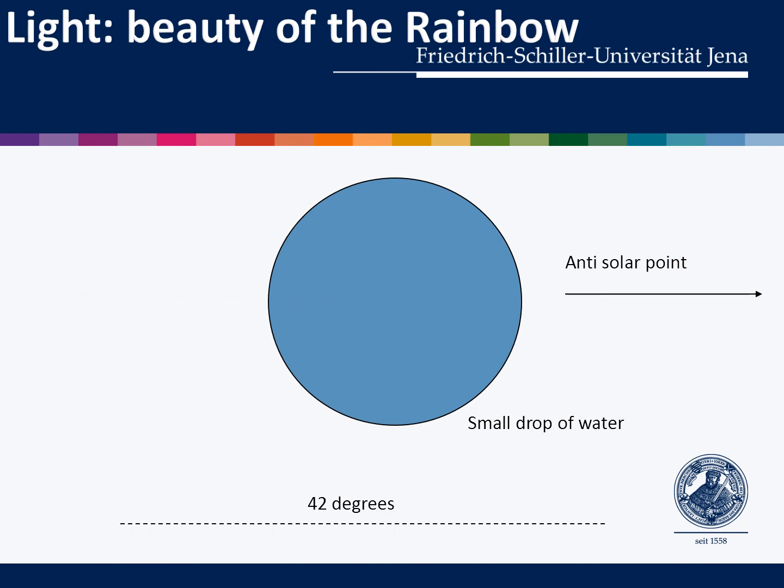And now let's see what happens. If we point red light in this direction, it will leave at a particular angle here. If we point it in the same direction, but at a different position of our droplet, so this is the model of our droplet, it goes here, and then it goes here.